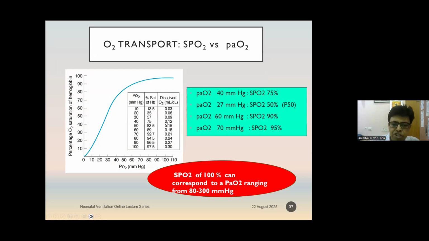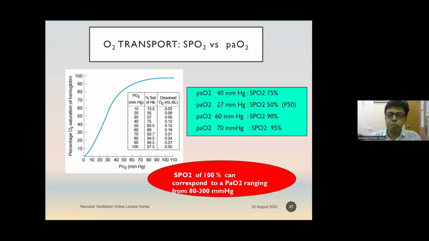But the partial pressure of oxygen is exerted only by the dissolved oxygen in the plasma, whereas the saturation is the estimation of oxygen attached to the hemoglobin. Those two are related but are not expressing the same type of oxygen molecule.